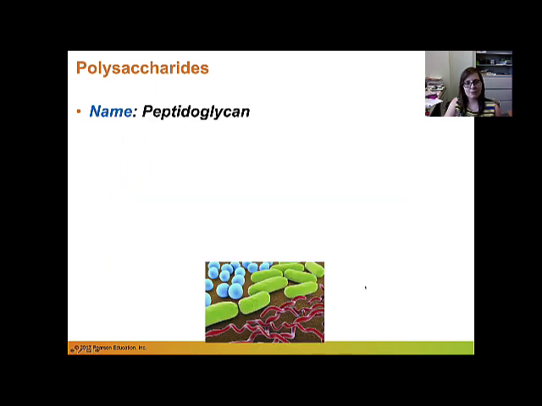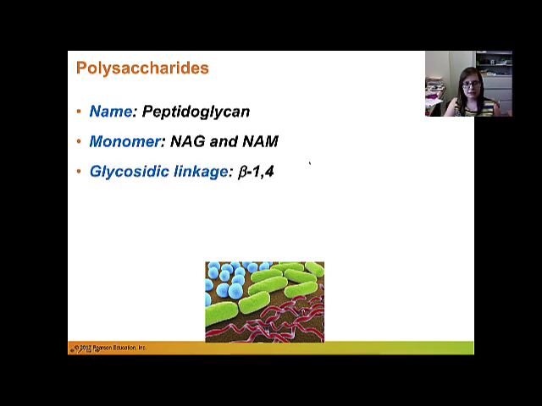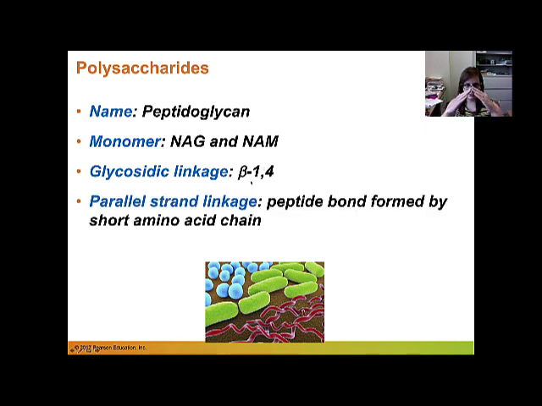And the last one, and we've talked a little bit about this already, is the polysaccharide peptidoglycan. And so peptidoglycan is made up of repeating units of NAG and NAM. And they're linked together via these beta 1,4 glycosidic linkages. And their parallel strands are actually linked together by peptide bonds that form between short amino acid chains.